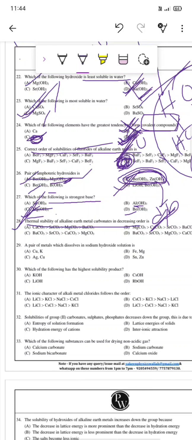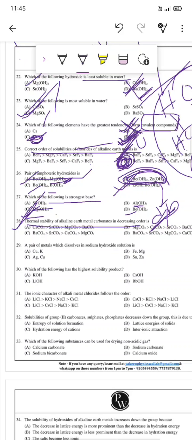I have been confusing this. Thermal stability, carbonates of the first group are thermally stable. No, it's carbonates of the second group. Thermal stability of fluoride, hydride and others increases down the group everywhere. Carbonates are very stable, but normally increases down the group.